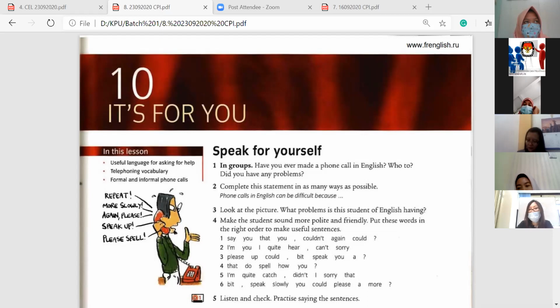"A little bit" is informal also, because "a little" and "a bit" are the same. When we say "a little bit," we just mean very little. So "a little bit more slowly" means really, really little, or we can say "a little slowly."